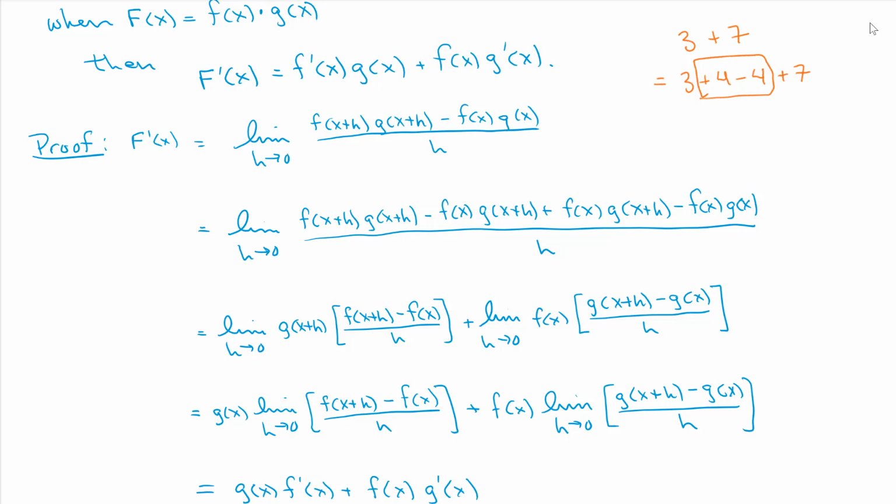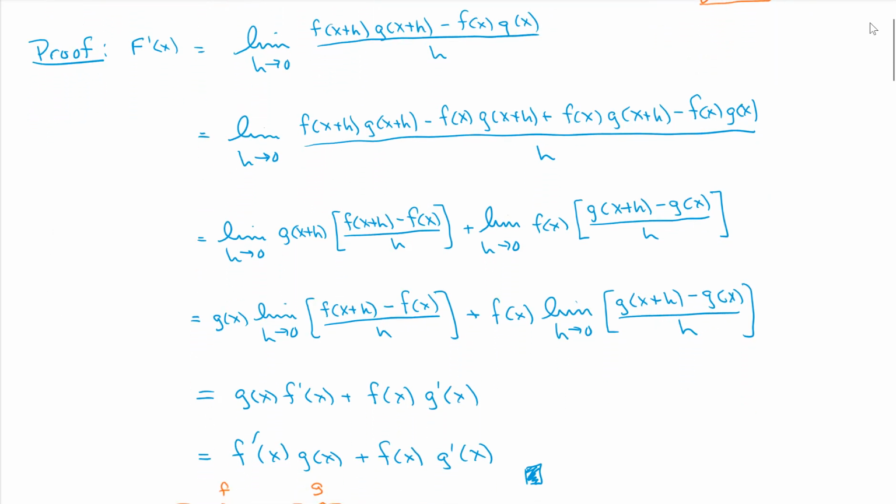Well, what's going to happen in the product rule is we're going to do something like that. At the top of the screen, we have our original function with the difference quotient. Now, look what happens here at the second step. We still have this term, and we still have minus this term over here.